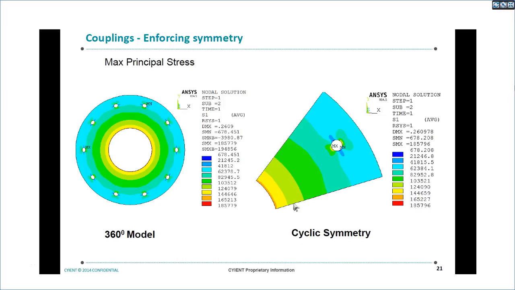We observe the maximum at the whole location, and here also we observed it at the whole location. If you see here, the stress pattern remains the same. There is no change at all, and even the magnitude remains the same. What do we conclude? Instead of modeling 360 degrees, go for cyclic symmetry, capture the geometry properly and do the analysis. This is the smart technique.